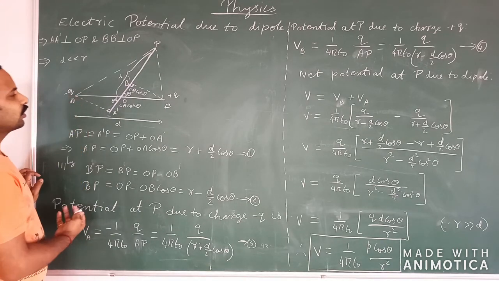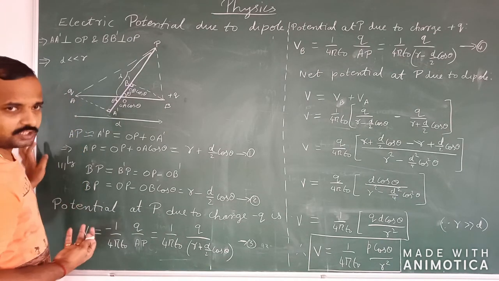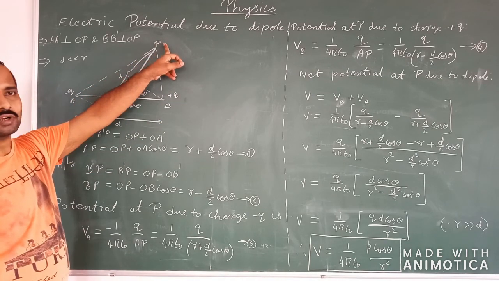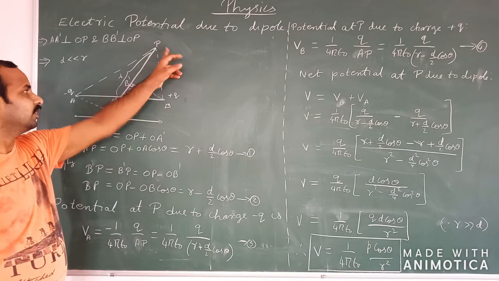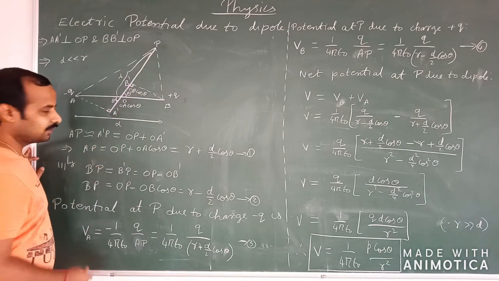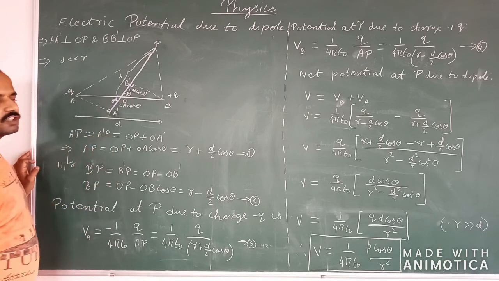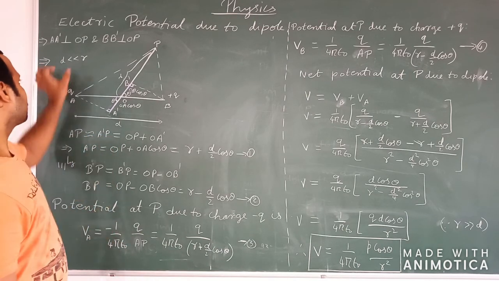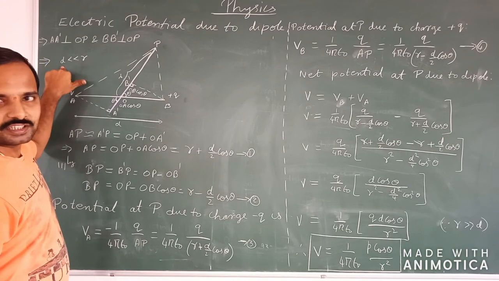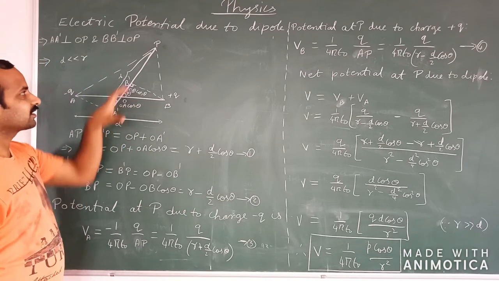We have to first find out what is AP and BP, that is, from A to P what is the distance, and from B to P what is the distance in terms of OP. I have to find it out. So to do this, we are going to use the assumption that AP is almost equal to A dash P. The reason is very simple, because r is very much greater as compared to d. That is, d is a very small value as compared to r.